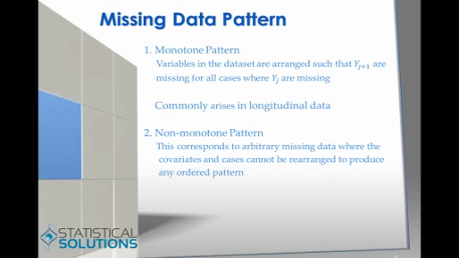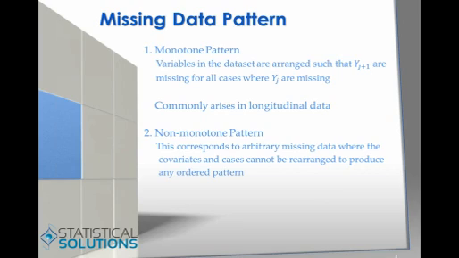The monotone pattern is defined in that the variables in the data set can be arranged such that Y at j plus 1 are missing for all cases where Y at j is missing. So almost the missingness contained in one observation is also contained in another observation, the following or preceding observation.